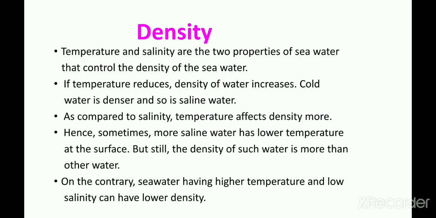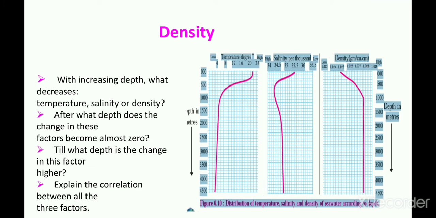And it's the opposite as well: seawater having higher temperature and lower salinity can have lower density, and if the temperature is lower, the density of the water is more.